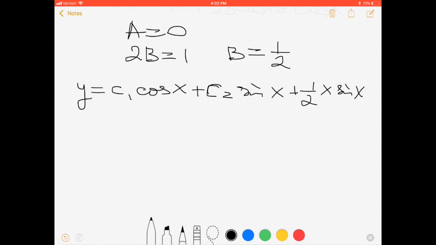See? The general solution of the homogeneous equation plus the particular solution gives us the general solution of the non-homogeneous equation.